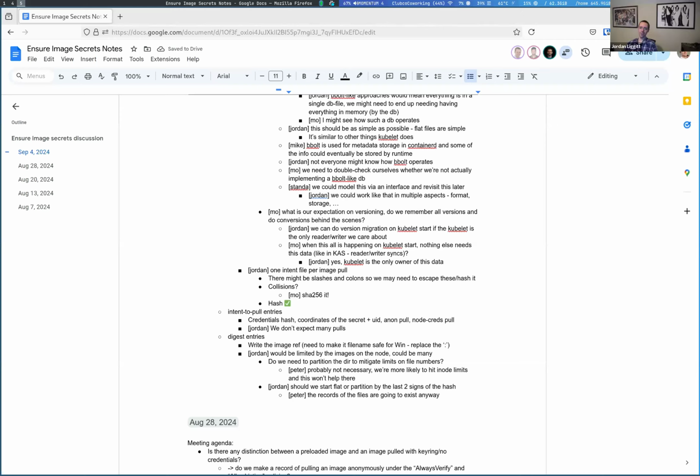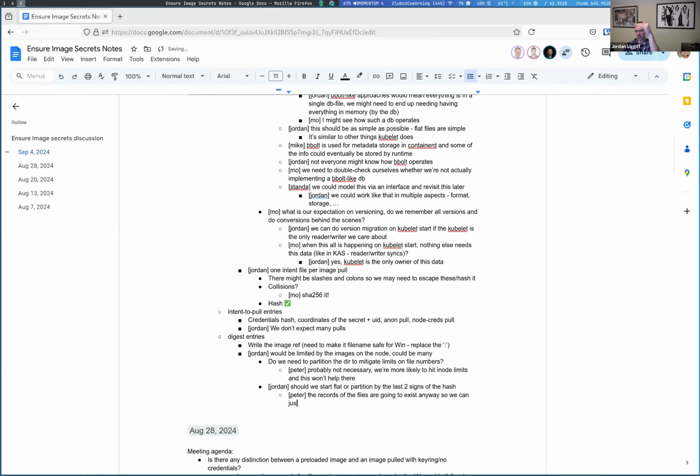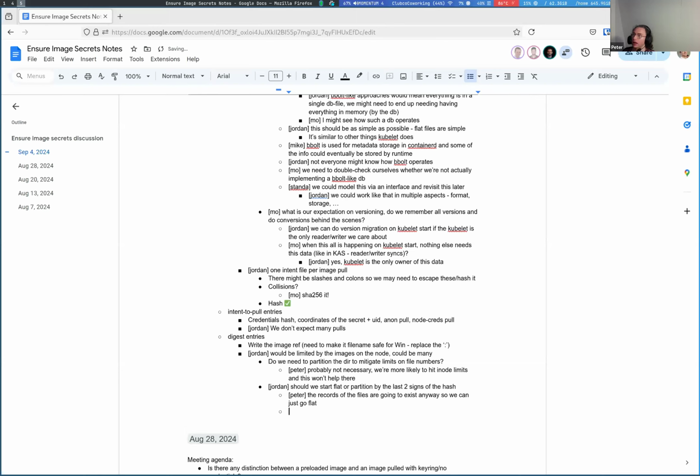Okay, so if every digest already exists on disk, peer to each other in a file structure, then if there's a problem with that, we already have a problem with that. So matching that here is fine. Exactly. And any limit that we're going to hit is going to already be hit by the images. Even disk space is the same way.